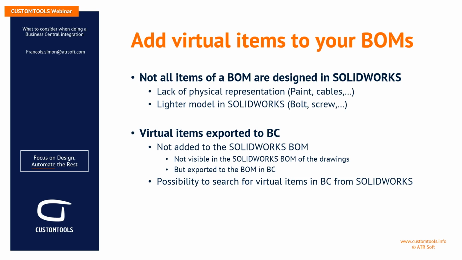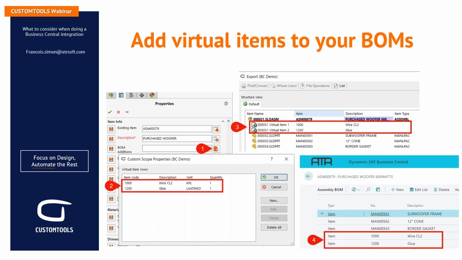Paint and cables are not usually modeled in SOLIDWORKS, or sometimes, to make the assembly lighter, not all the screws needed in that assembly are inserted into the SOLIDWORKS assembly, so you can just see them as virtual components. The custom scope in Custom Tools allows you to manage what we could refer to as virtual components in the bill of material that will be exported to Business Central.